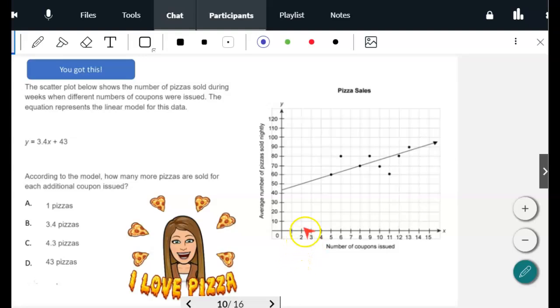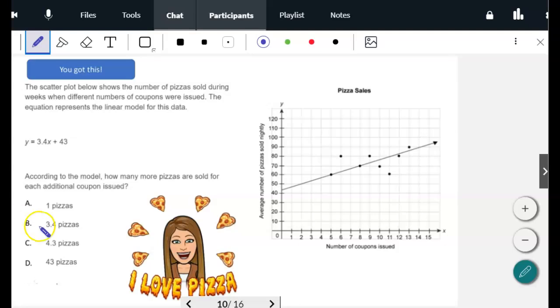So if you look at the equation, it's actually what your slope is. It's like the increase per coupon. It's like, what is that change in the equation? The rise over the run, the change. So it's just the slope.